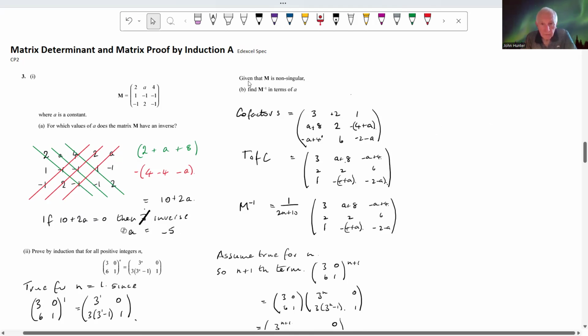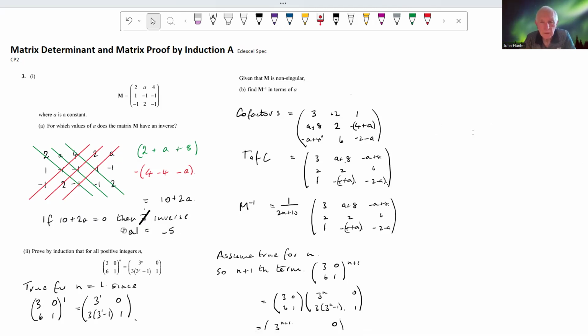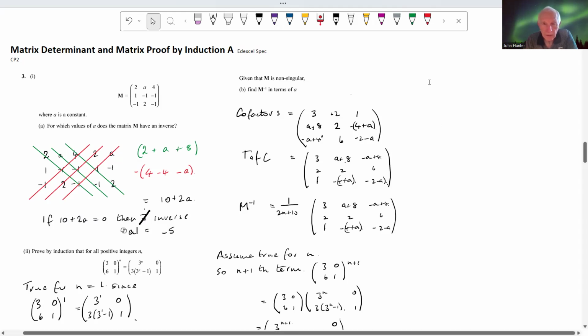All right, part b. Given that M is non-singular, find the inverse in terms of a. There's a couple of ways of doing the inverse, but I think using cofactors is probably the way to do it.